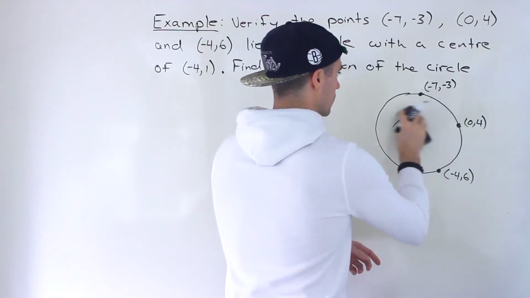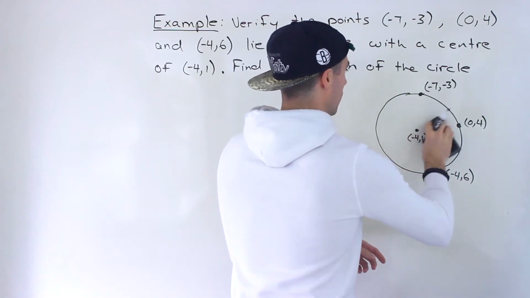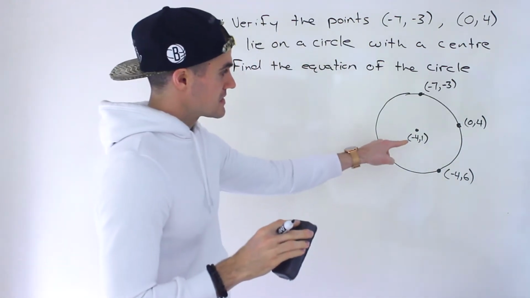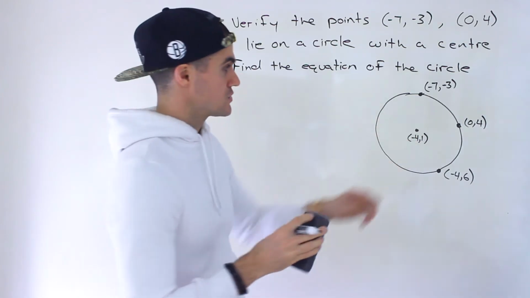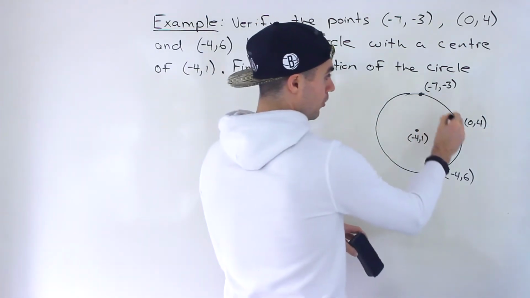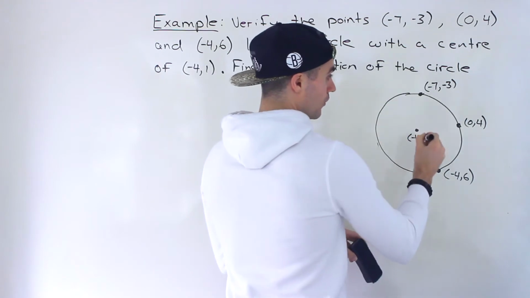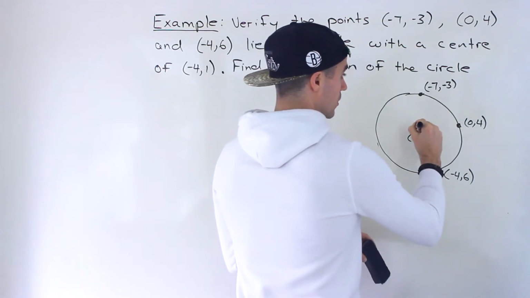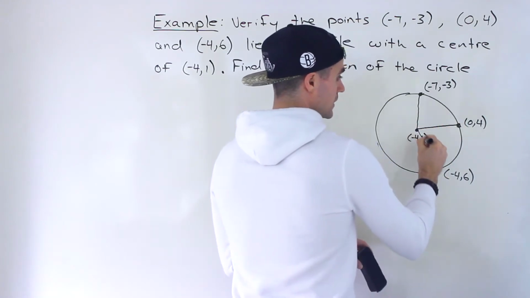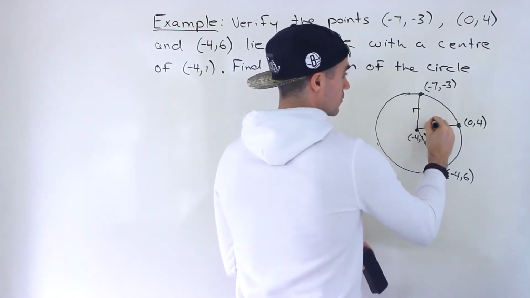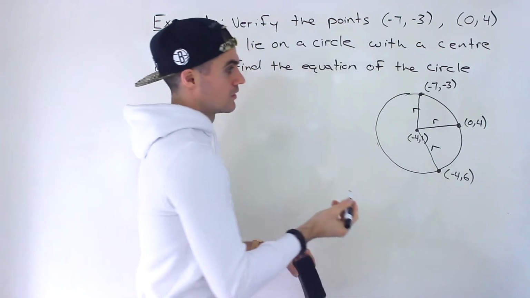So question is, how do we do that? Well, if you think about it, this is the center of the circle. What's the distance from the center of any circle to any point on the border of the circle? Well, that distance is always going to be the same. It's always just going to be the radius, right?